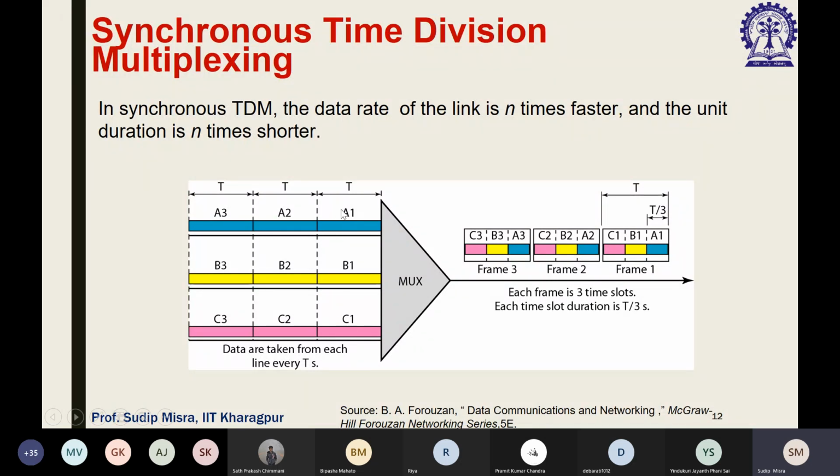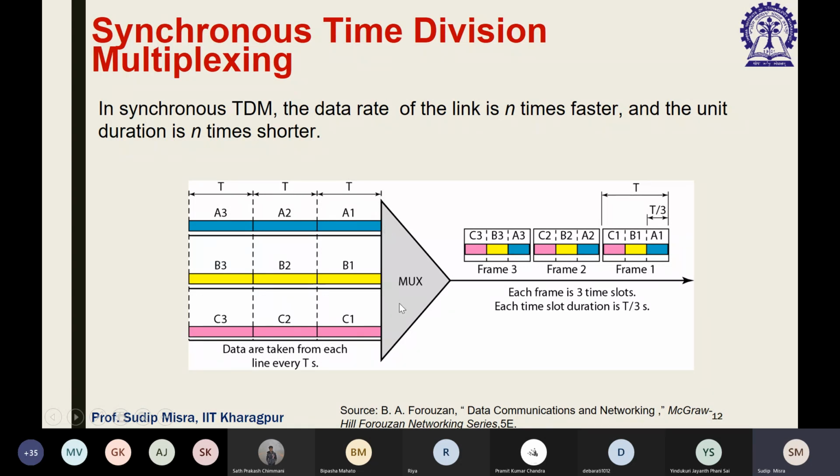Input frames A1, A2, A3; for B, B1, B2, B3; C1, C2, C3. Each of these is going to have an input time duration for the frame of T units, whether T seconds, milliseconds or microseconds.